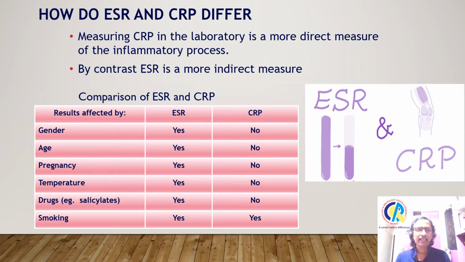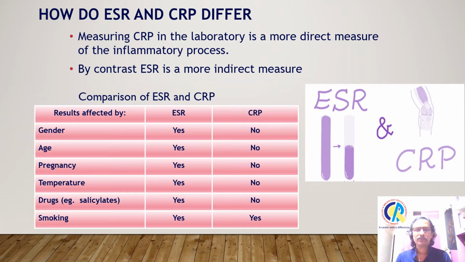Hence ESR is considered an indirect measure, and it is also influenced by several other factors like gender, the age of the patient, presence of pregnancy, the temperature at which the test was set up, and some drugs like salicylates, which alter the surface resilience and shape of the RBCs.